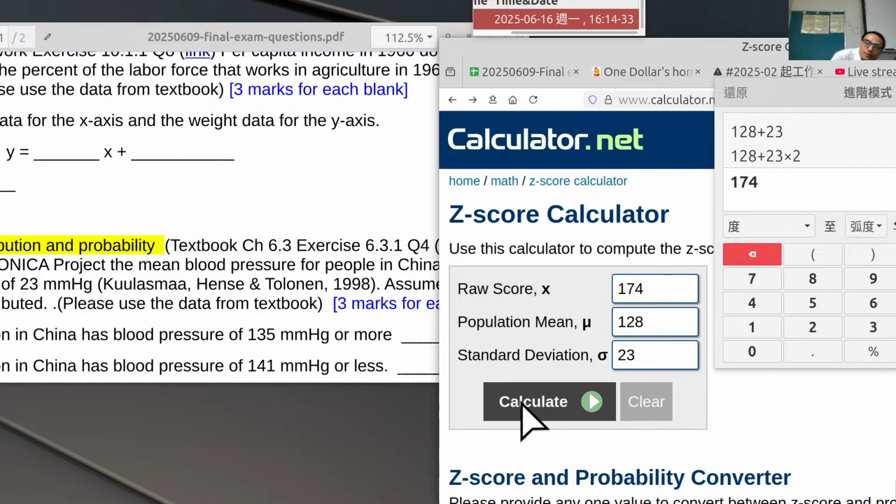Click calculate. Why 2? I know the answer is 2, but tell me why.